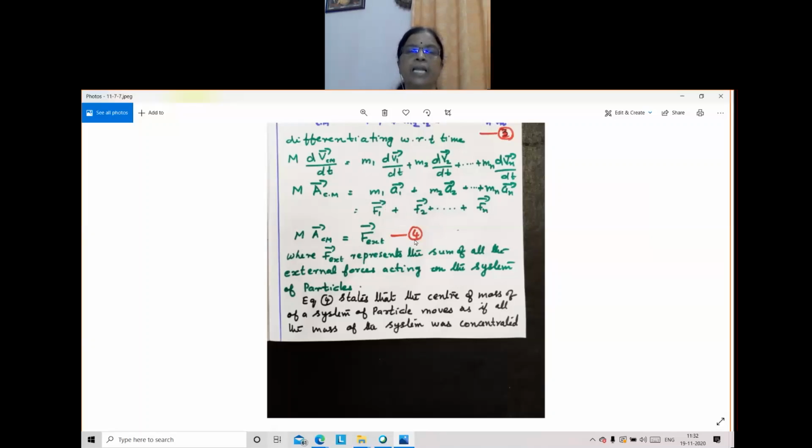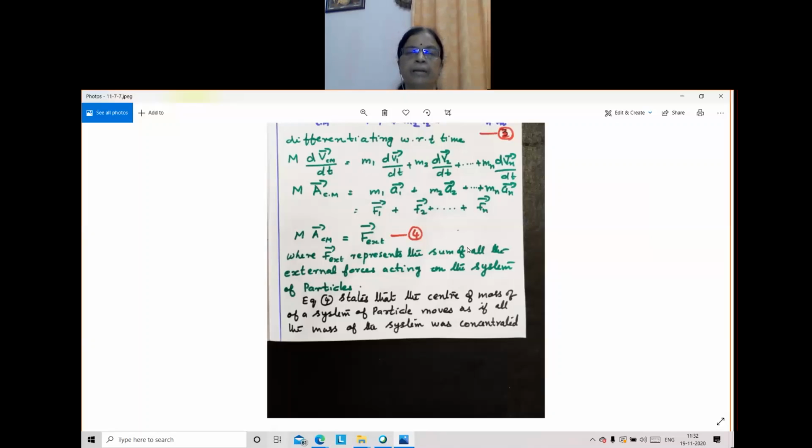F external is equal to vector F1 plus vector F2 plus etc. plus vector Fn. So mass into acceleration of center of mass, we know mass into acceleration is force. But instead of acting the forces on all the particles, the force is exerted on the center of mass. That will produce the same effect in the body. If we are exerting a force to stop the body, we can act that force on the center of mass.